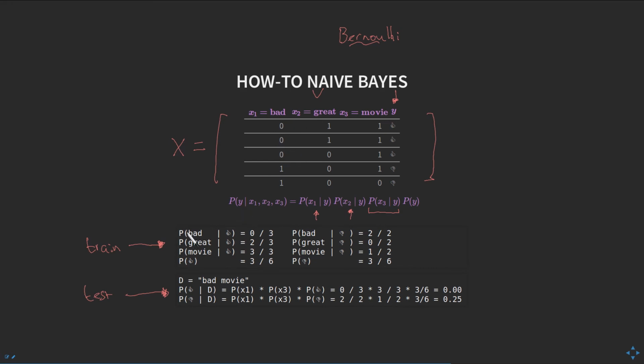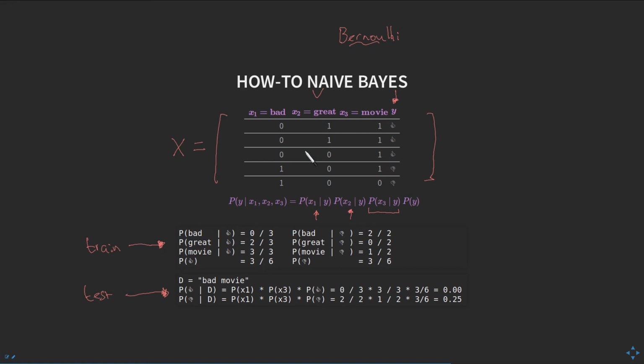So let's look at the probability of bad given a positive label. We look at our bad column, and we try to see how many times bad occurs with a positive label, which is 0 times, out of all 3 times that it could occur with a positive label. So 0 out of 3.